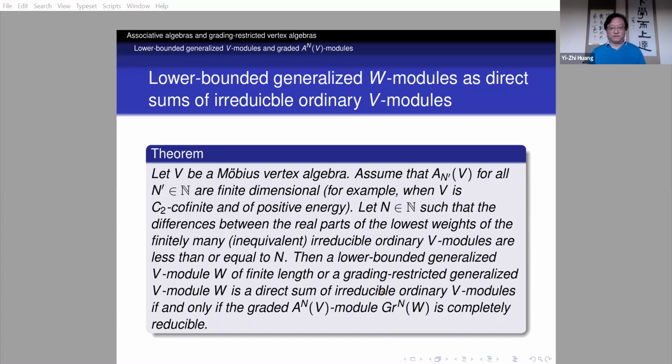This is an unsolved problem, because if it can be proved, then we can say that if the dual algebra is simple, every lower bounded generalized module is completely reducible. Okay, I stop here.